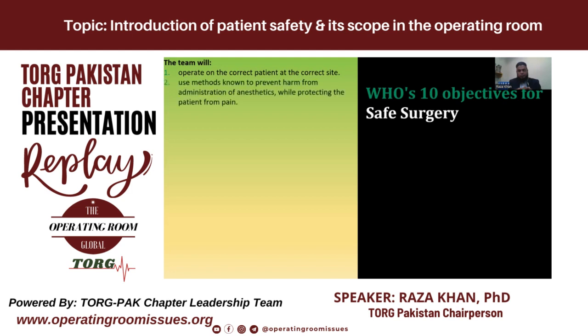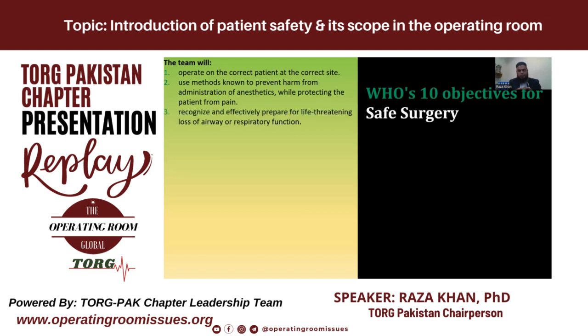The second objective was to use the known methods that are already introduced to prevent harm from administration of anesthesia drugs while we are protecting the patient from pain and other side effects.